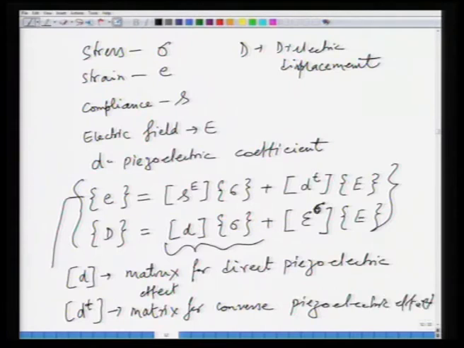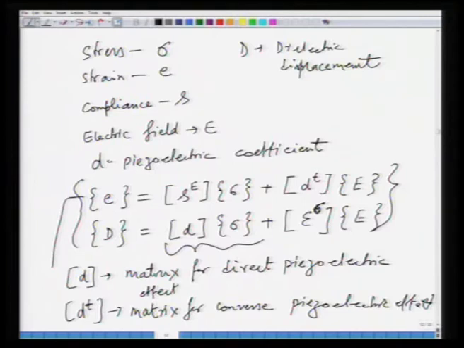And this small t term is basically the transposition of the matrix. So, if D was the matrix for the direct piezoelectric effect, the transpose of it would be the converse piezoelectric effect. So, you can express the piezoelectric effect, since the terms related here are vectors or tensors, in the form of matrix.